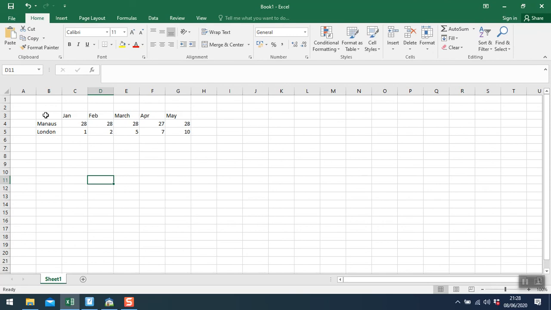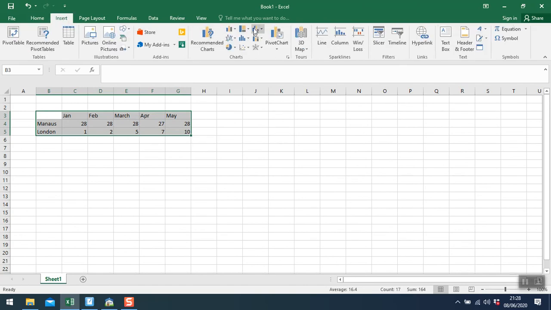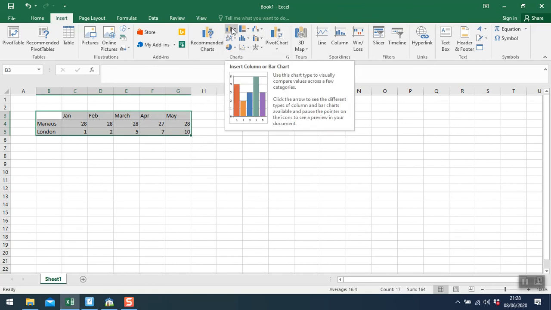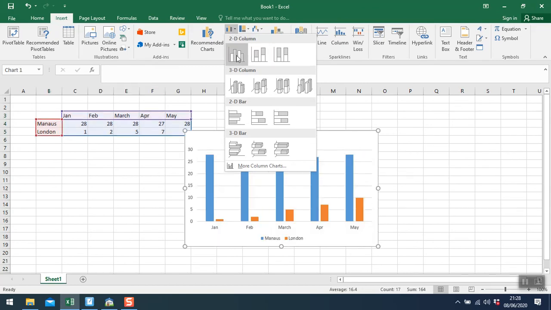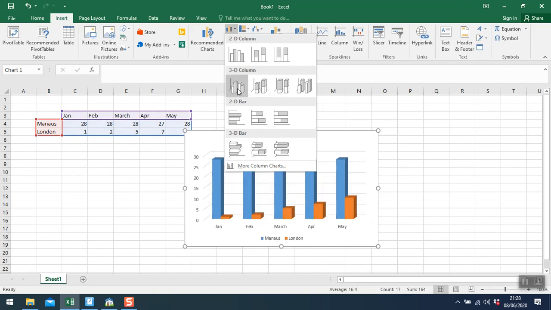To do a graph, what you need to do once you've put all your data in is drag over the items that you want to include. And we're going to insert a chart, and we've got lots of options here. So that's a column or a bar chart. Let's have a look at this one. And I just want one set of data. 2D, I could have 3D.